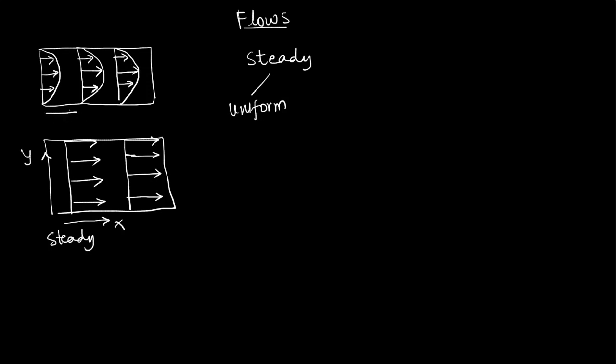Suppose this flow profile does not change over time, meaning whatever we see at this particular time instant will be the same velocity at all subsequent time instances. So this flow is steady, but the flow is non-uniform in the y direction. But the flow is uniform in the x direction.